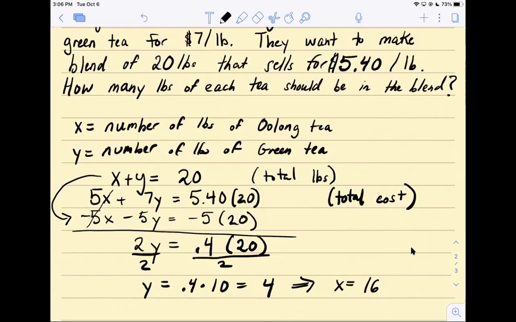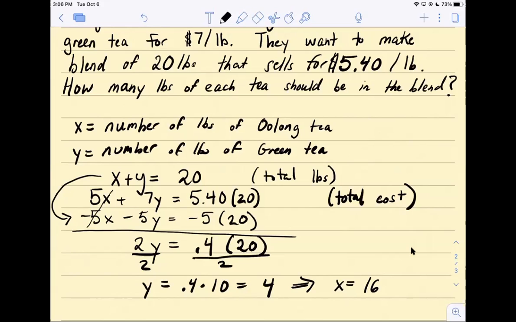The blend is 40 cents away from $5, but it's also $1.60 away from $7. So those are in a ratio of 4 to 1. So it's not a coincidence that our answer is also in a ratio of 4 to 1. And I'll do another explanation of that another time.